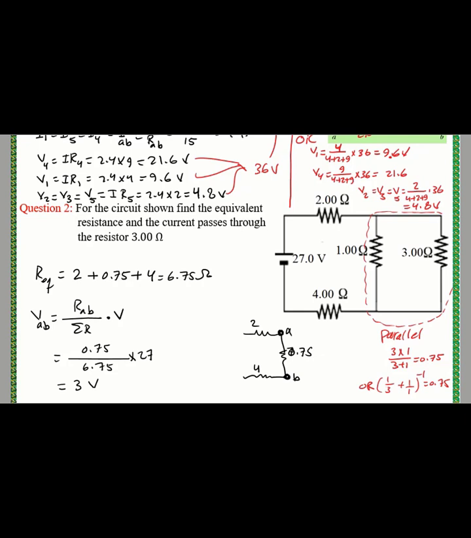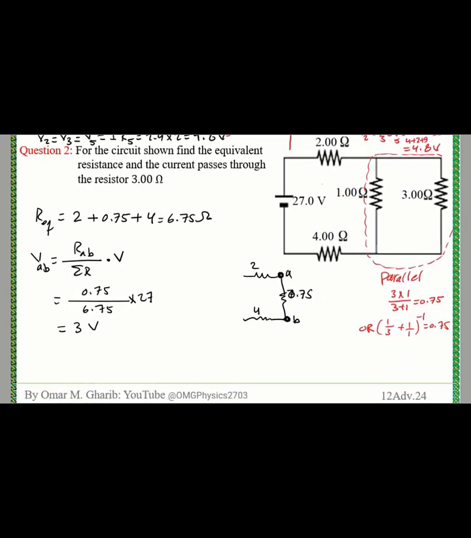So the voltage for the parallel part is 3 volt. This voltage through AB is the voltage for the 1 ohm and the voltage of the 3 ohms. I need the current in the 3 ohms here.